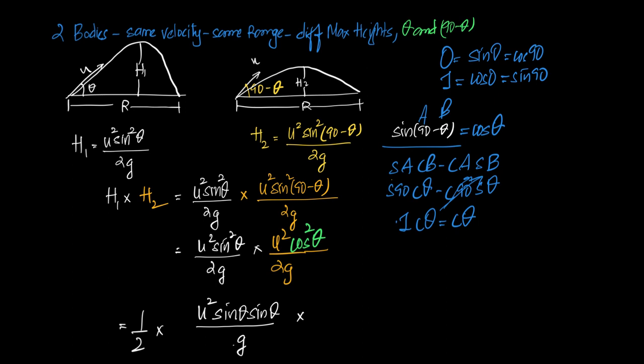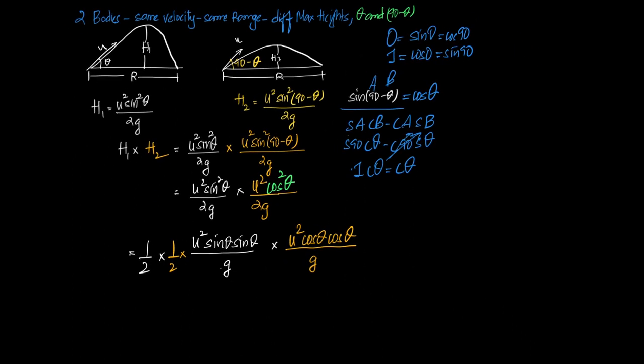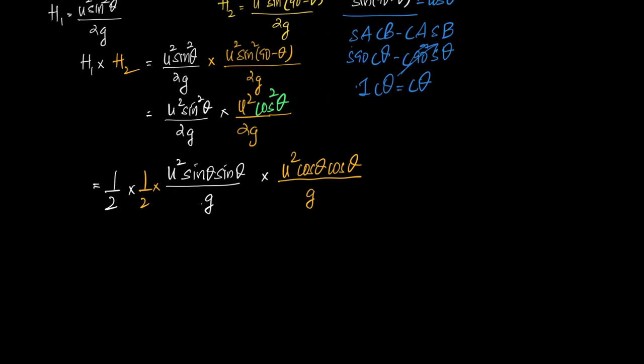I'll write it as cos theta into cos theta the whole upon g, and that 1 by 2 I'll write over here. Okay, now if we go further, what do we get?